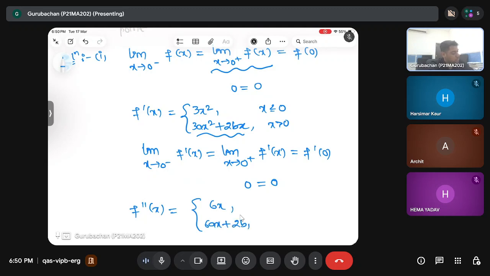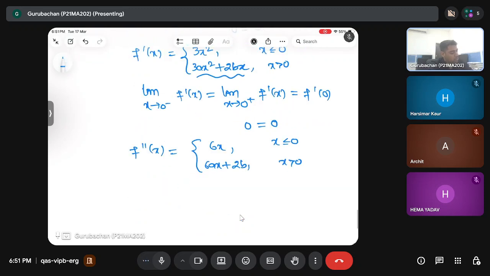There will be a change, and what is that? When you try to maintain the continuity at x equal to 0 here, since 0 is included in the first part of the function, this will be 0.